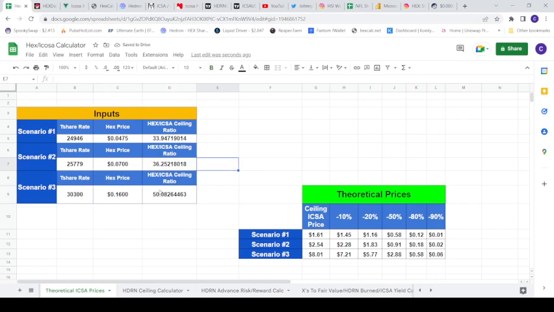So now the hex to Icosa ceiling ratio is hitting 50. So at 16-cent hex and a 30,300 T-share rate, that puts the ceiling price of Icosa at $8.